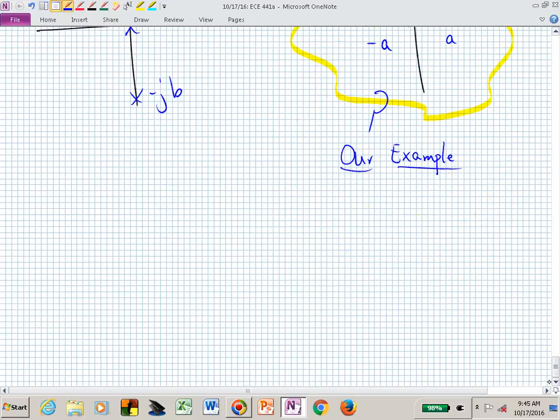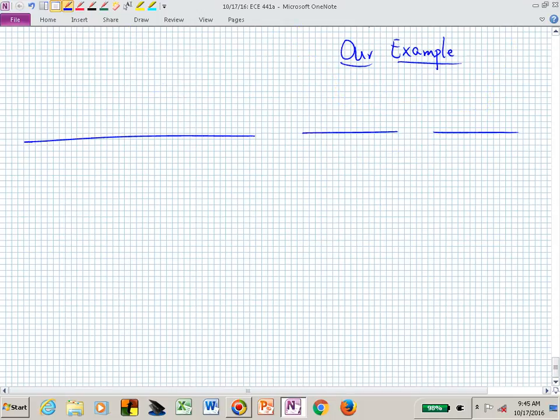Let's now look at what we could do, knowing that we can build this Routh array, and maybe we have an adjustable parameter in our polynomial.